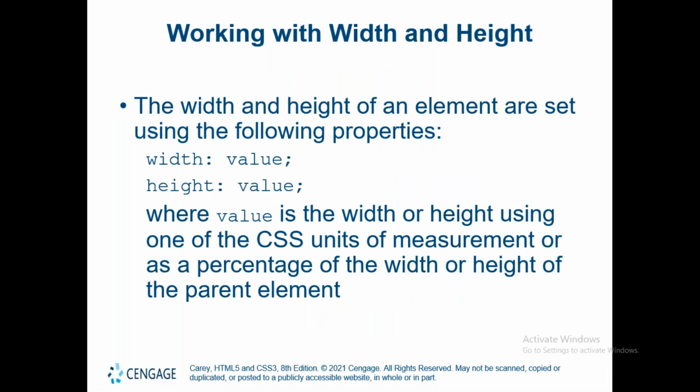Working with width and height, the width and height of an element are usually set using the following properties. So width and height, as you can tell. You're probably picking up on a lot of this as you work within the sandbox, and when you start typing things, you see how it has autocomplete. You can see a lot of the options available, and that's a big clue too.